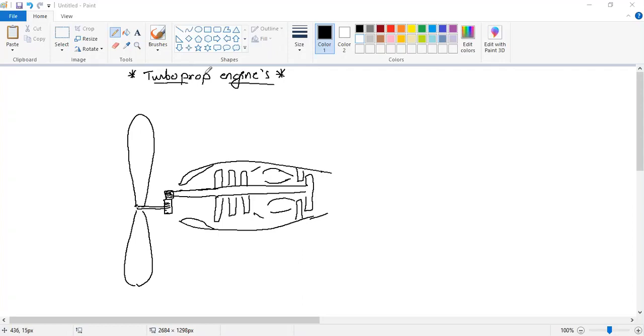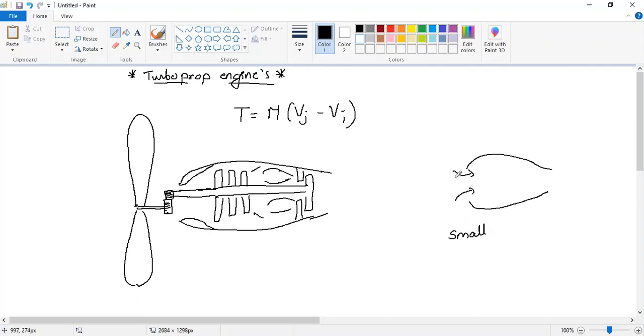Clear, beta? So, what is the difference between the jet engine and the turboprop engine? We know that the formula for thrust is equal to m (Vj minus Va), right? That means mass of the air, exhaust gas velocity, and inlet air velocity. So in jet engine, let's say this is a normal jet engine, from the front, a very small mass of air is taken.